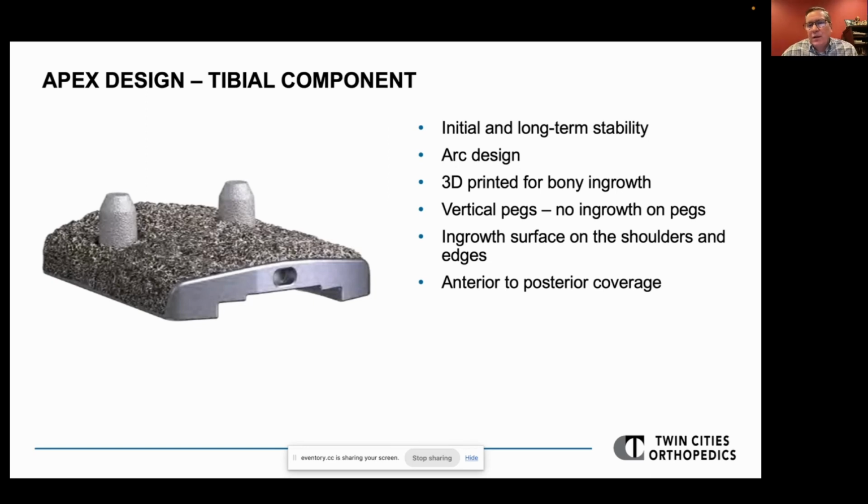As I look at my case that I showed earlier, I wondered if I didn't really have it seated well on the cortices, and that for whatever reason that allowed it to subside. So making sure we have plenty of anterior to posterior coverage so we can really get that implant seated on good cortical bone, and also minimize the risk of a bunch of overhang or underhang if we do have to go bigger or smaller.